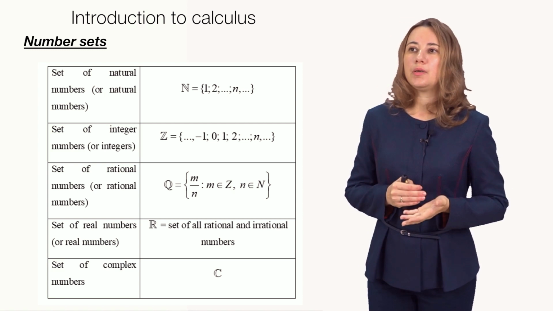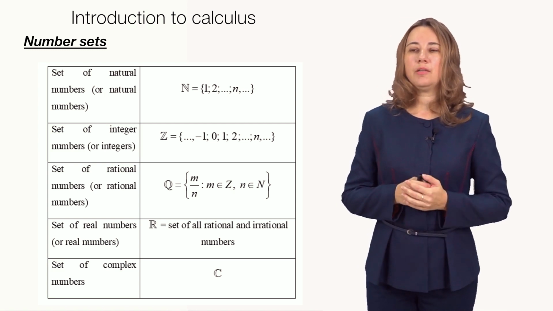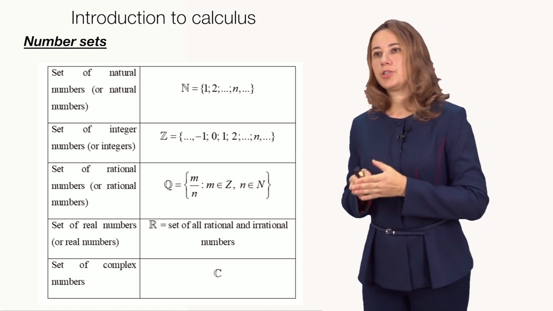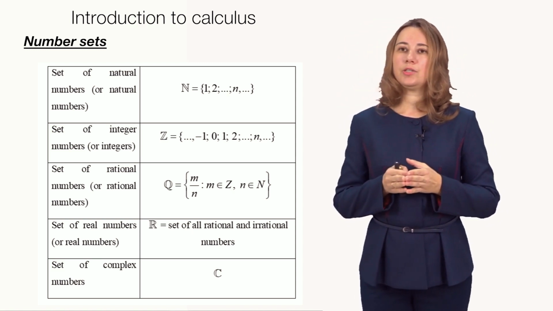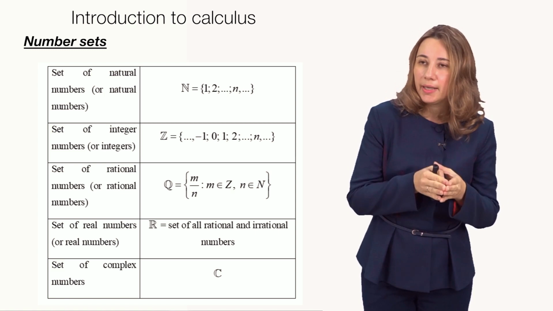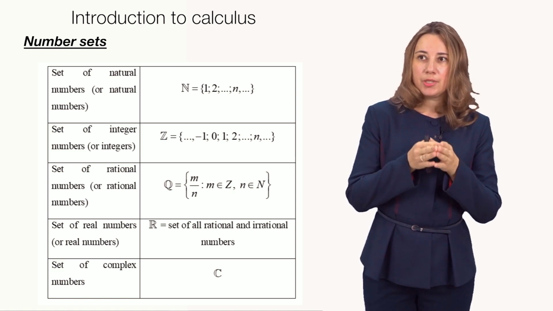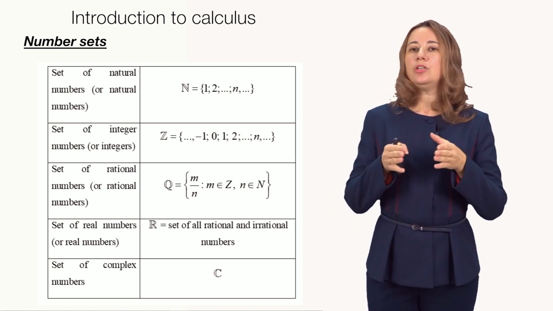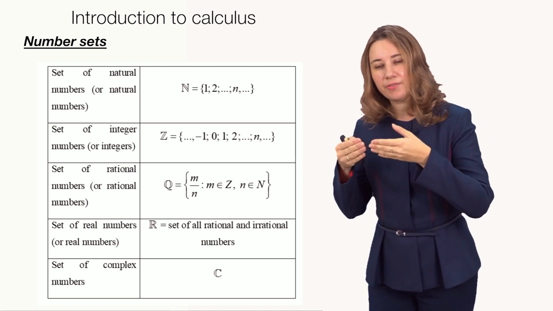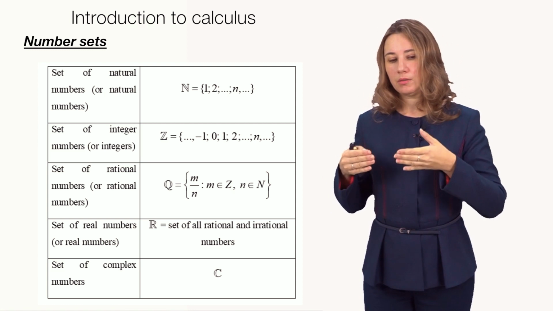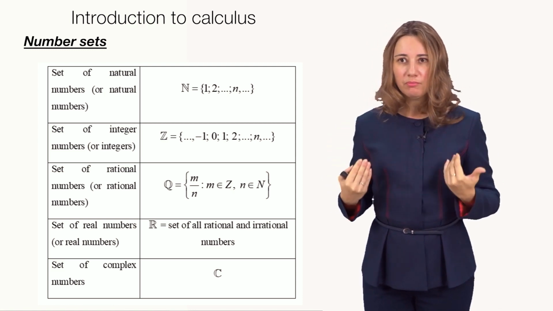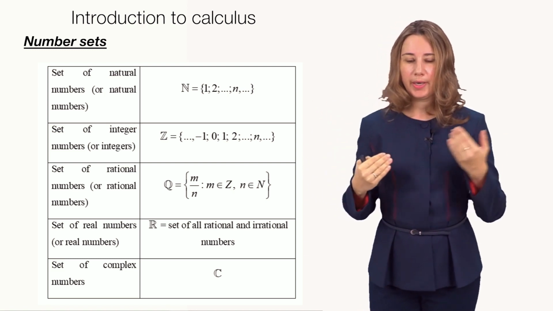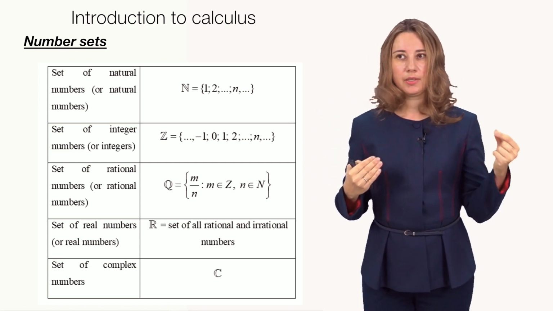The set of real numbers, capital R, can be defined as the union of two sets: the set of rational numbers and the set denoted by capital I. This set, capital I, is a set of irrational numbers that cannot be expressed as a fraction of the form m divided by n, where m is an integer number and n is a natural number.